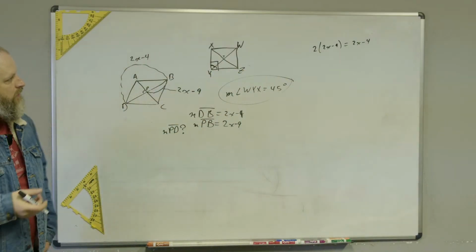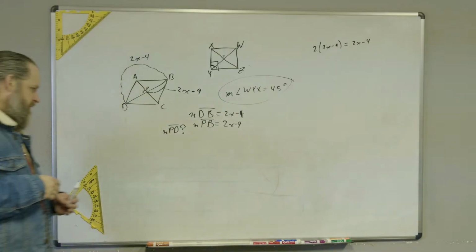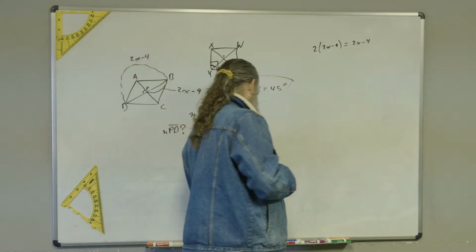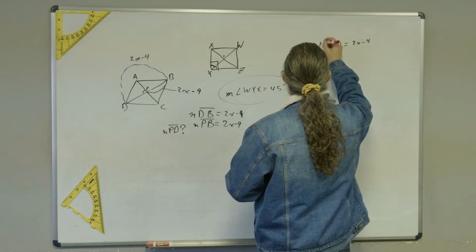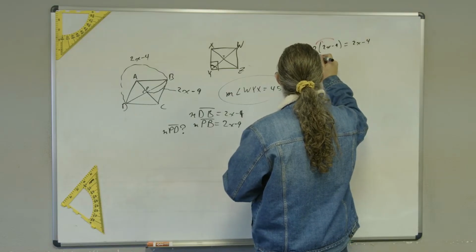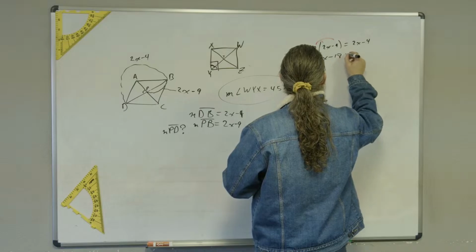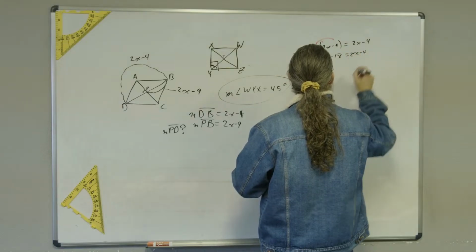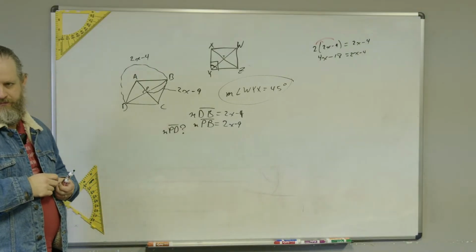Now we can solve that sucker. What should we do? Distribute sounds fine. Two times 2x is 4x. 2 times negative 9 is negative 18 equals 2x minus 4. Now what should we do?